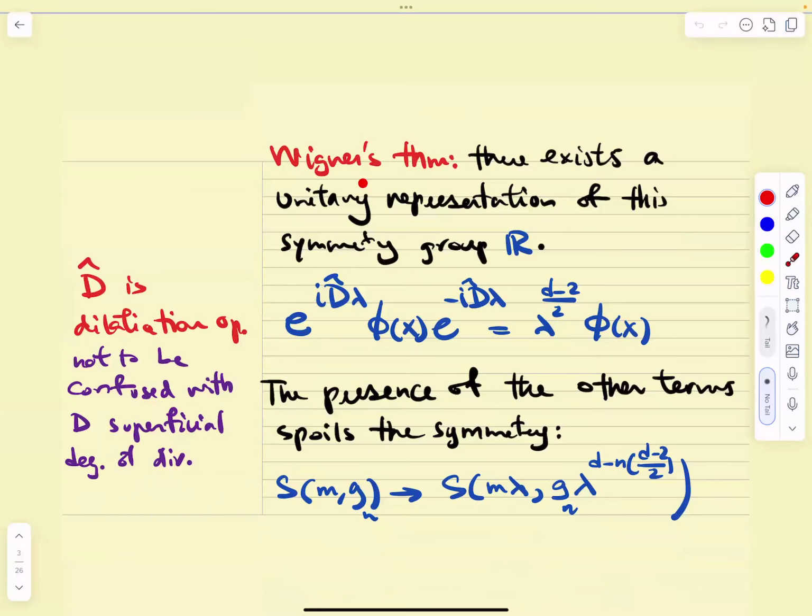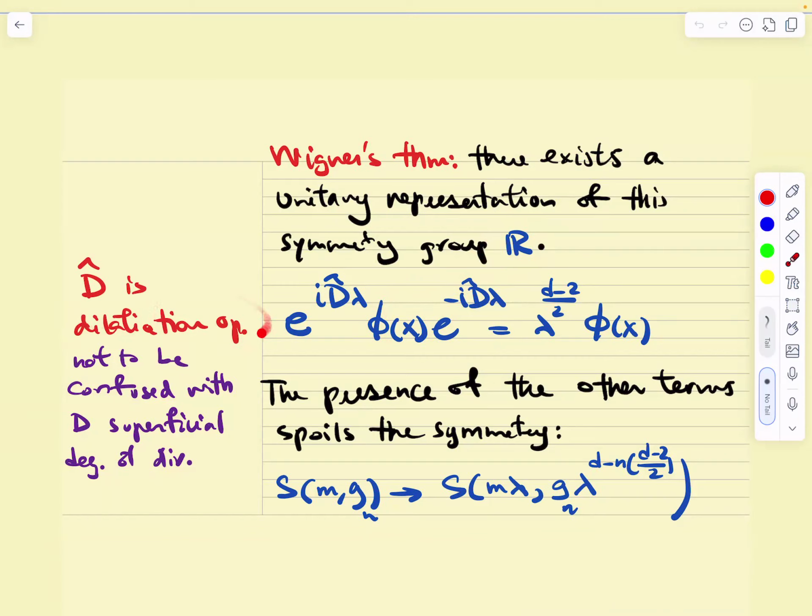Now, Wigner's theorem, if you recall from part 1 of the course, tells you that there exists a unitary representation of this symmetry group. The group is R, because lambda belongs to R. So what acts on phi of x is this unitary transformation, e to the power minus i D, where D is the generator of the group R, a trivial Lie algebra.